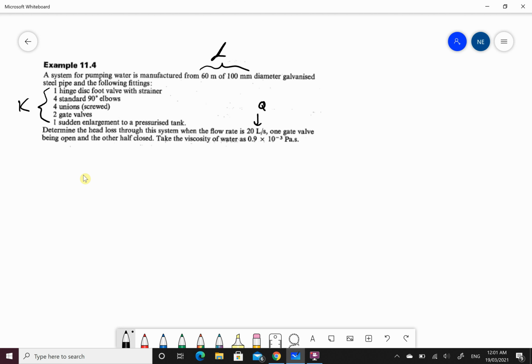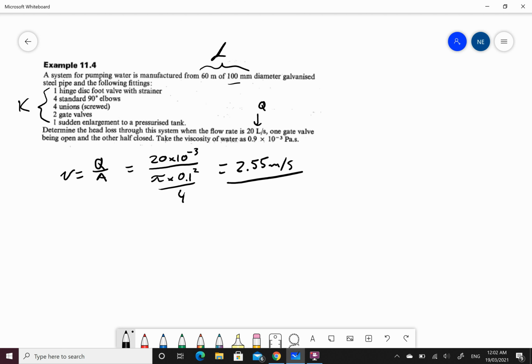So V, my velocity, is Q on A, which is 20 times 10 to the negative 3 divided by pi D squared on 4, with D being 100 mil, which gives me the same as the last one, meters per second.